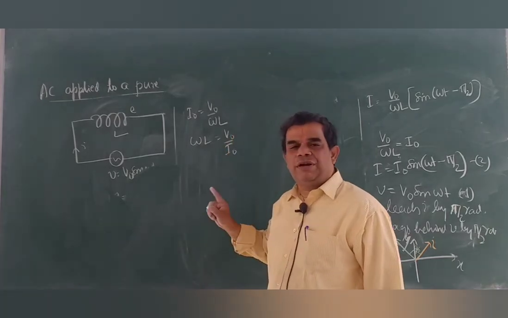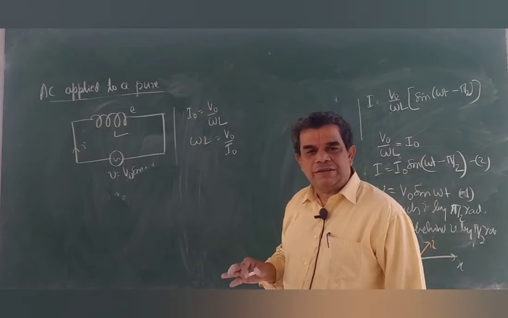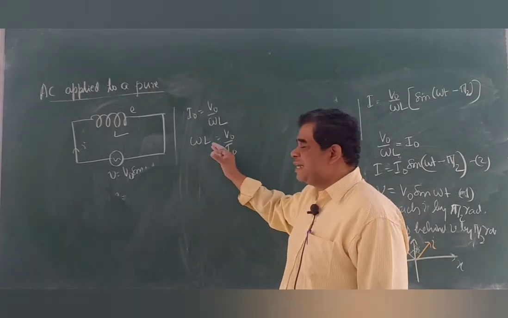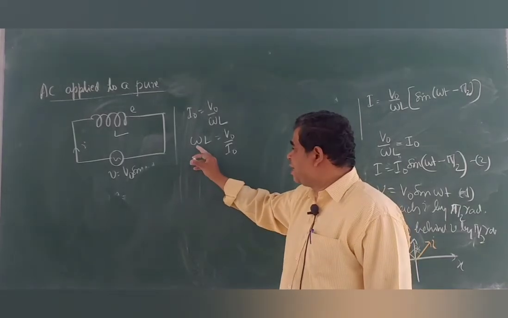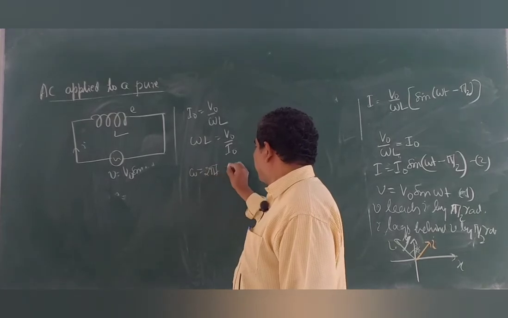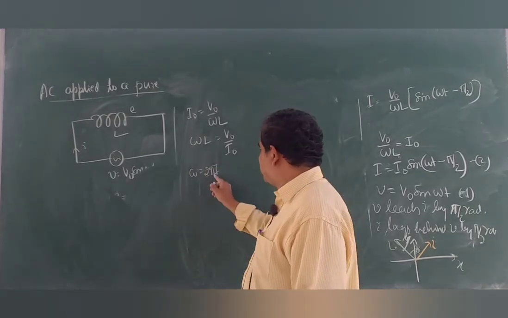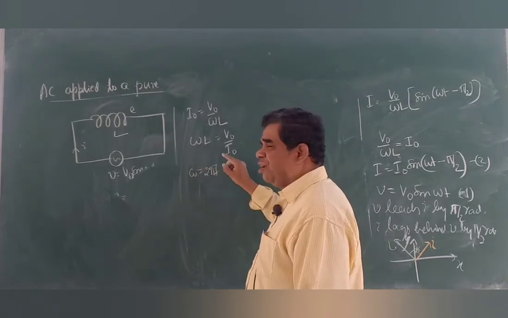Observe, V naught by I naught, the right hand side shows it is a resistance, but we cannot take it as resistance because resistance does not depend on frequency. Here omega is there. As you know, omega is 2 pi f. The angular frequency is dependent on the frequency. Therefore, it is not resistance.